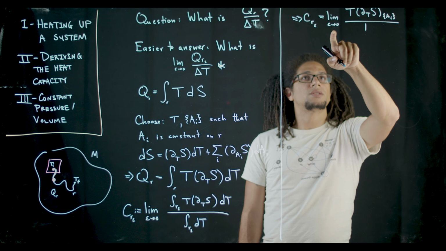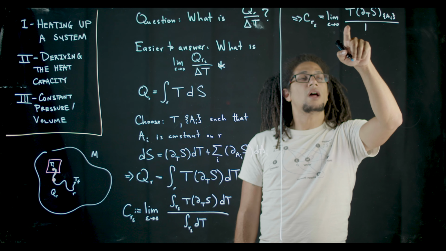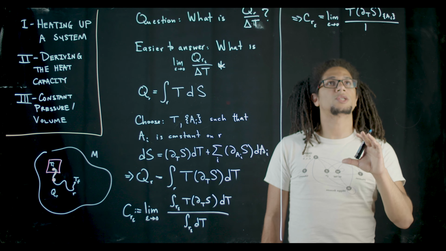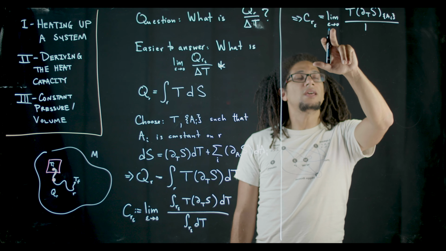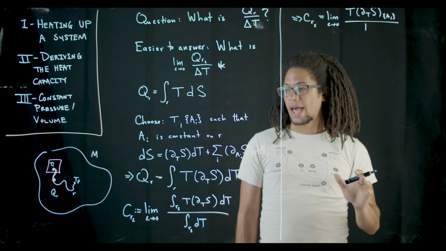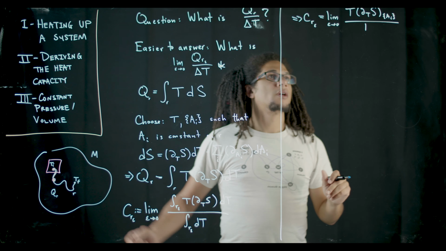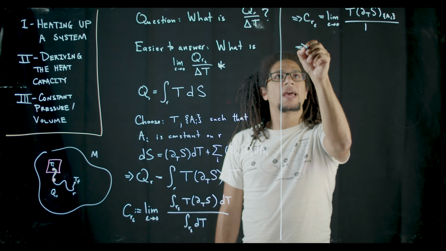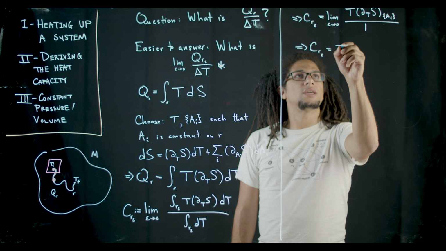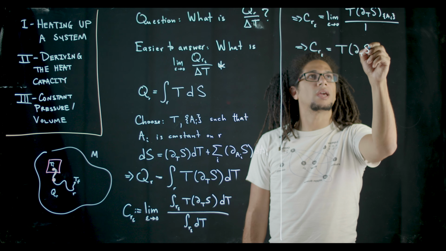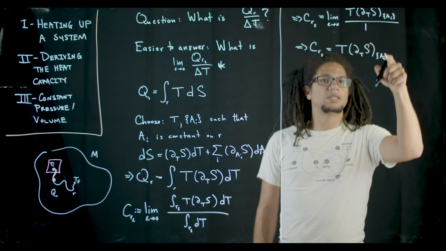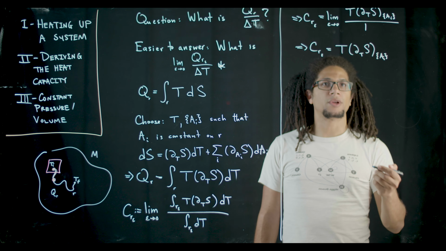Now, also notice that in the limit, this just becomes the value of this numerator at the initial point here. So we can actually say in the end, c sub r epsilon is equal to t partial t of s, fixing all the a_i, where this is now evaluated at the beginning point of r epsilon.